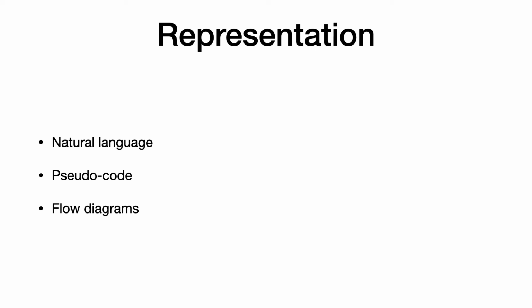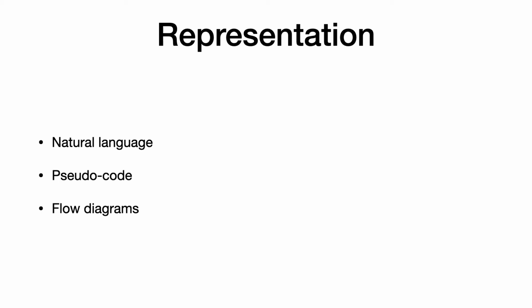Therefore, you can use symbols that you prefer to use. You can also use your own structures as long as they are similar to the ones that have been used in a programming language. We also have flow diagrams.